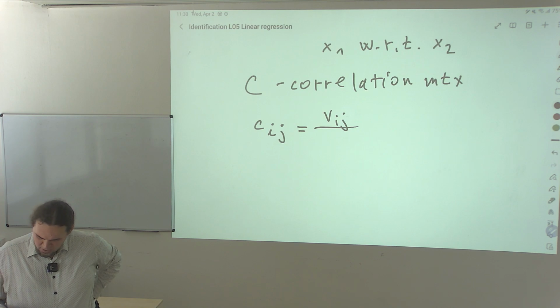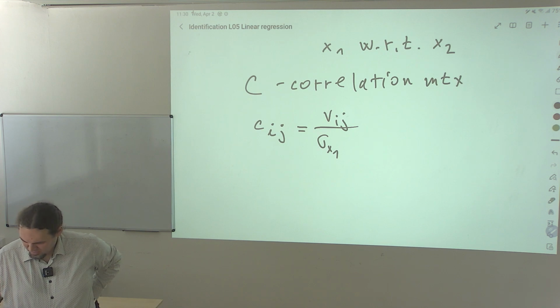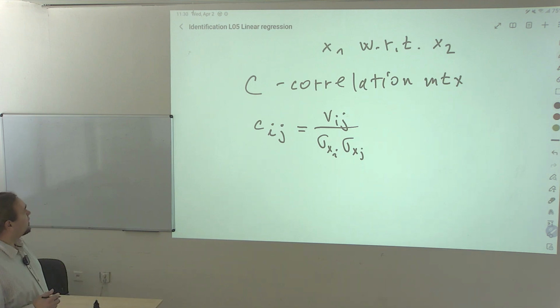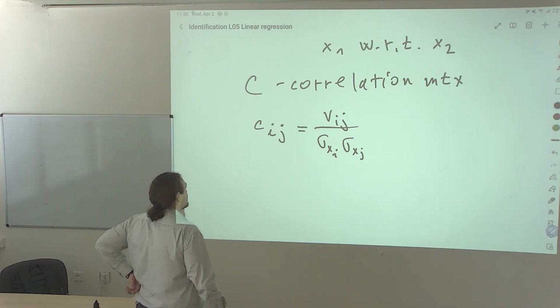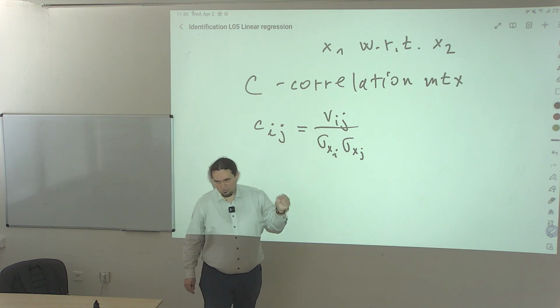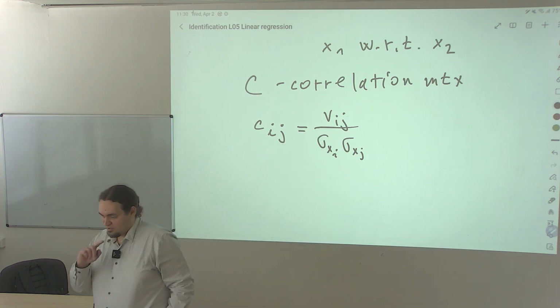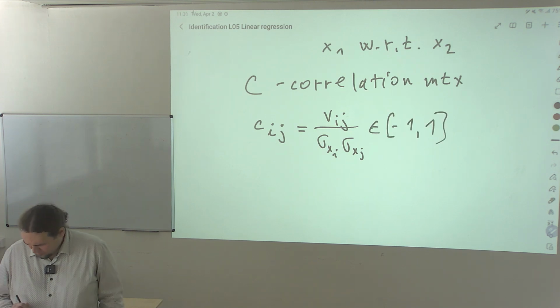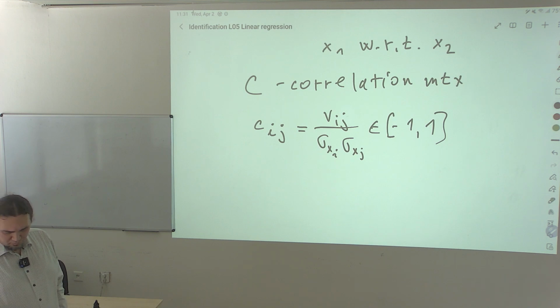If we now divide by the standard deviation of xi and the standard deviation of xj, we get the normalization, and we can guarantee that these numbers will lie between -1 and 1.